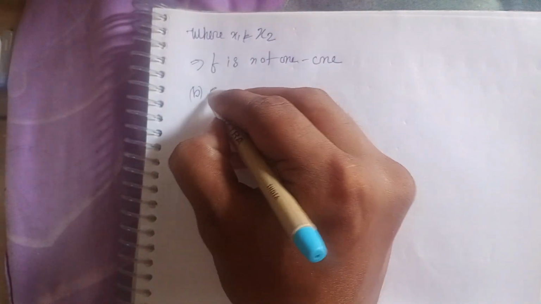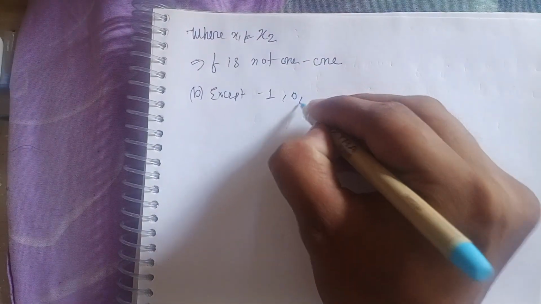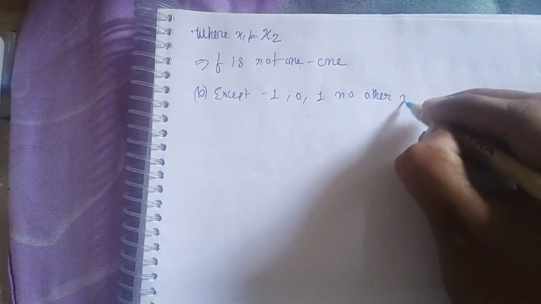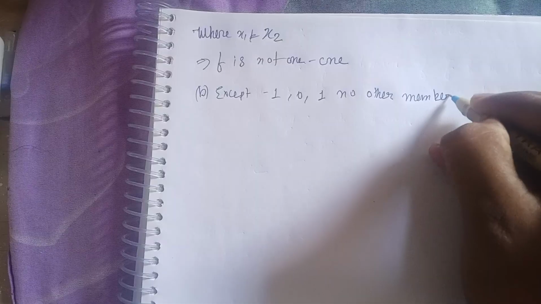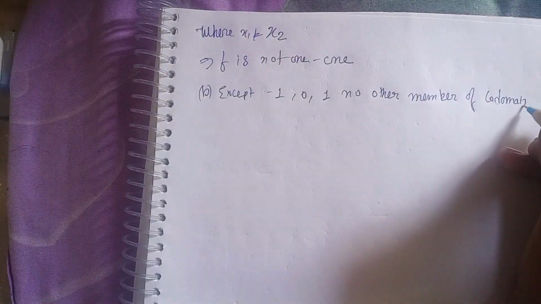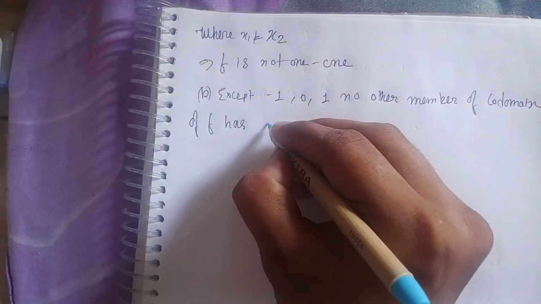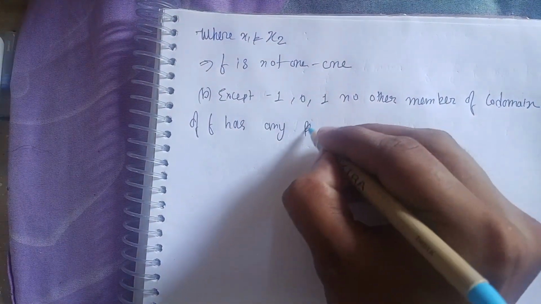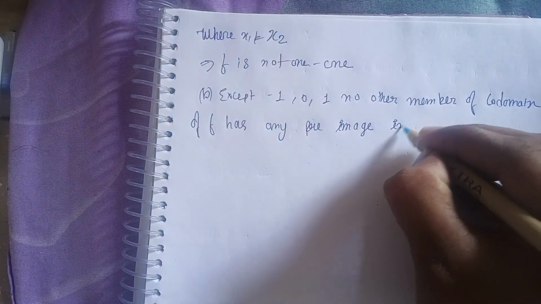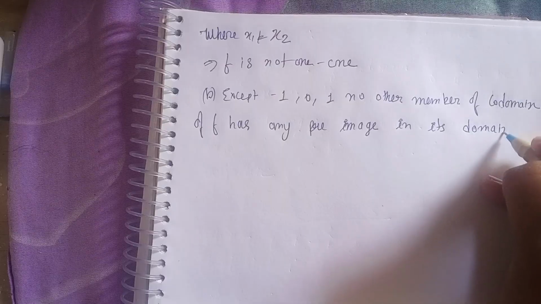Also, except -1, 0, 1, no other member of the codomain of f has any preimage in its domain.